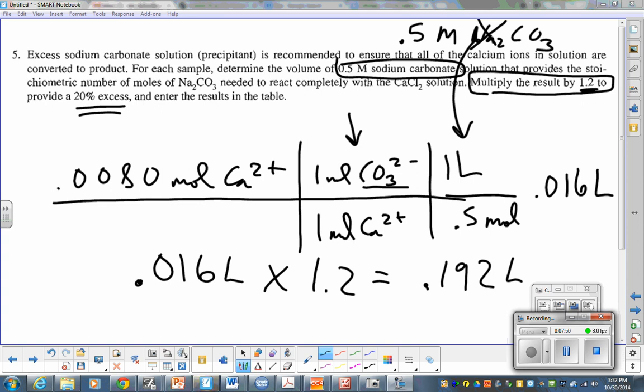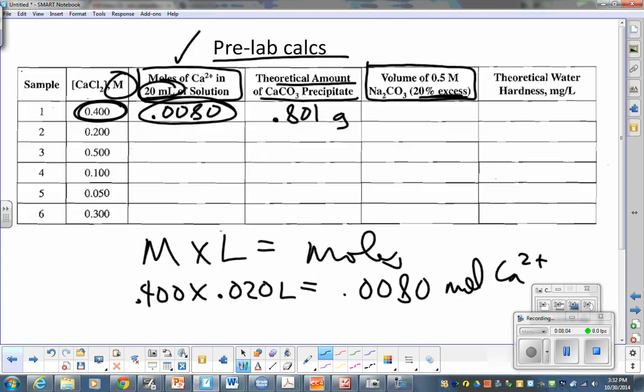I forgot a zero there. When I convert to milliliters, multiplying by 1,000, I get 19.2 milliliters is the amount I should put in. So when I come back to this data table, I need to add 19.2 milliliters to completely knock it out.